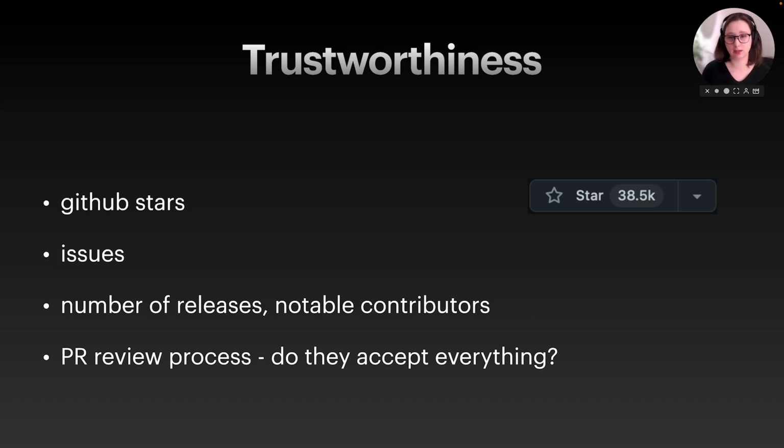But we can also see issues noticing that this library is doing something it shouldn't be doing. Then another thing to look at is the number of releases. Is this library being released and fixed regularly? And then look at whether there are any notable contributors, like big names that you know from the community. If they have contributed to this library, then it's probably something you can trust.